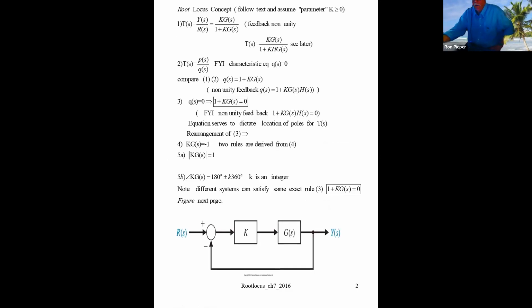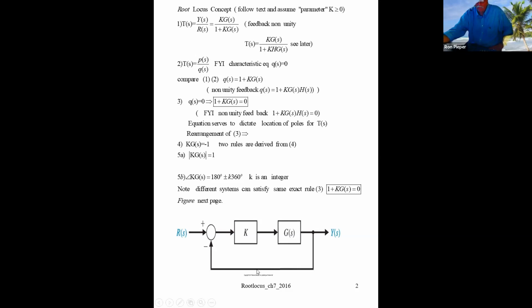All right, I want to be as consistent as possible with the thread of logic as given in the book. So we'll start with the initial test block diagram, as you see it here, which has unity feedback.